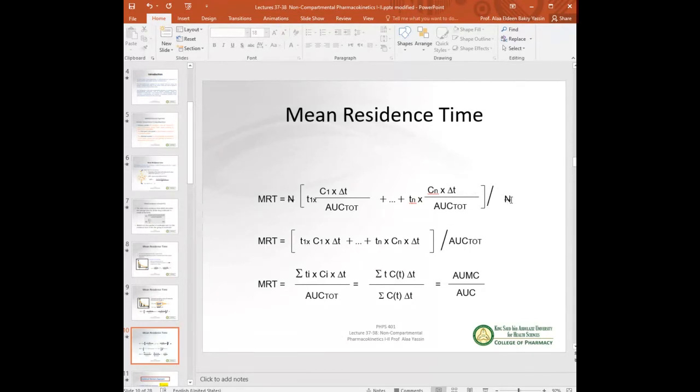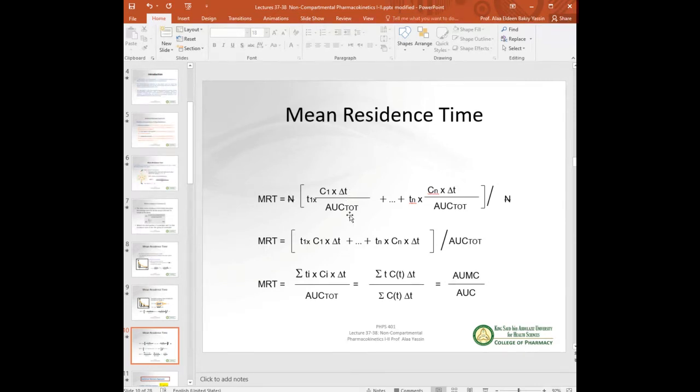So you end up that MRT equals this summation divided by AUC total. AUC is a common denominator, so ممكن نوحد المقامات لأنه كلهم ليهم the same numerator. يبقى بس the numerators will be added, which is time multiplied by concentration multiplied by the time again.